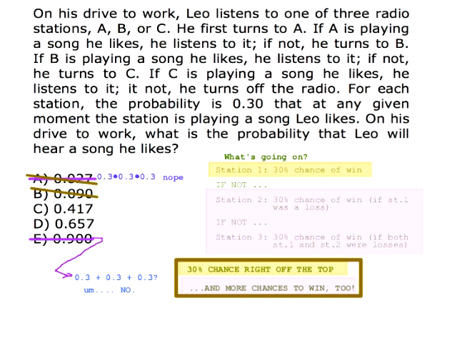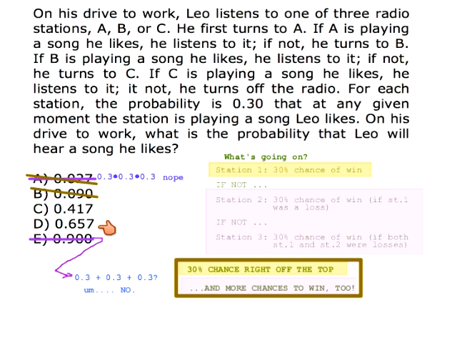What about pure intuition here? Notice that you've got a 30% chance right off the top. And even if that doesn't win, you've got 2 more stations that you can go to. Choice C would mean that those 2 extra stations would only add 11.7 more percentage points. D would mean that those 2 extra stations would add 35.7 extra percentage points.